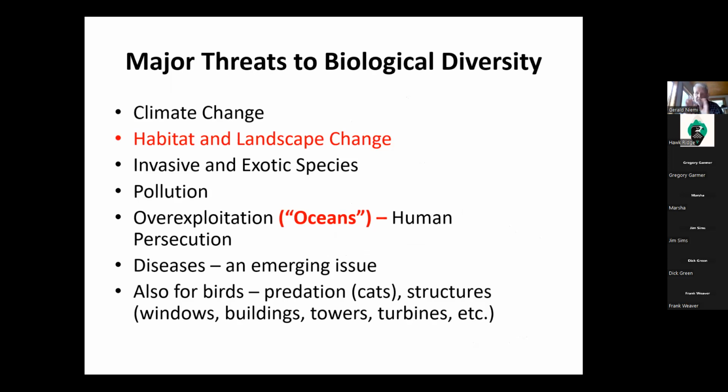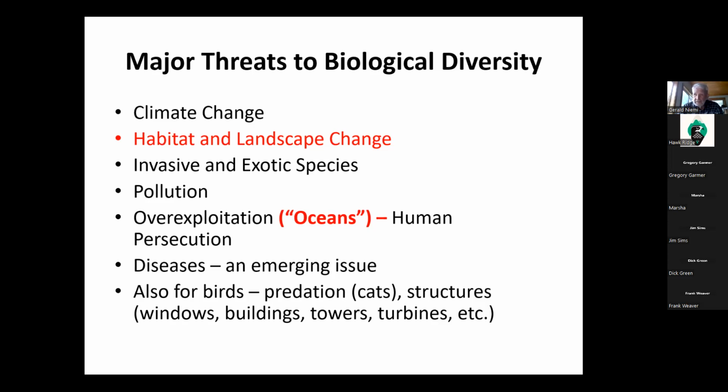So when we look at the big picture of biological diversity, these are some of the big ones that stand out, and most of them are quite important for raptors as well. Climate change is a big issue. Obviously we're hearing a lot about it, but that is a big one.